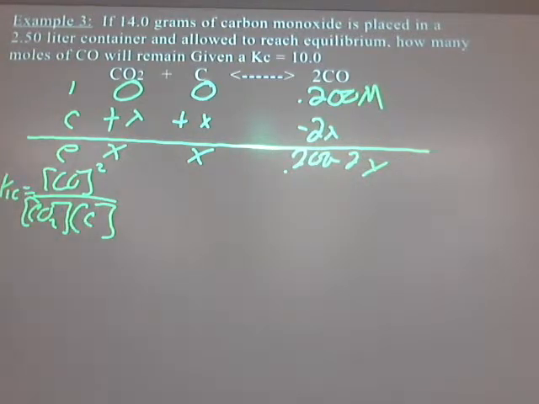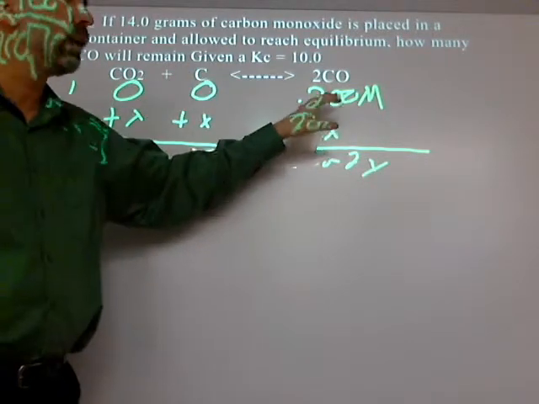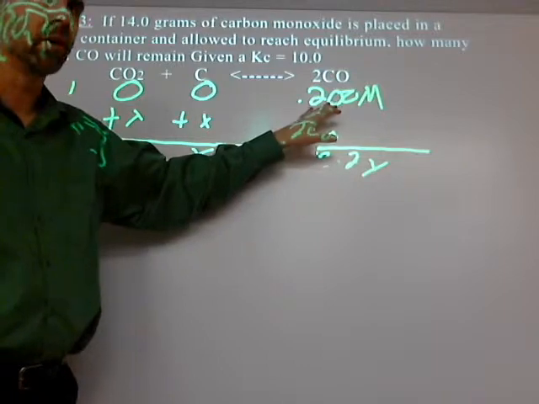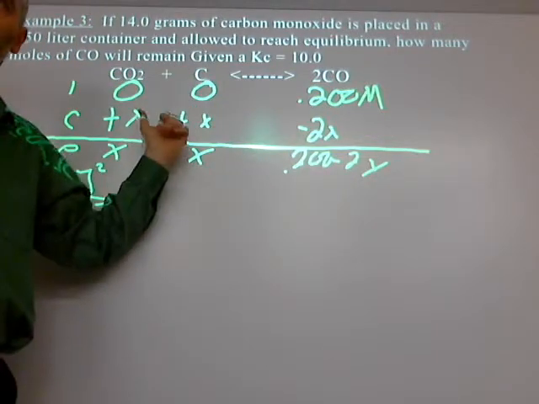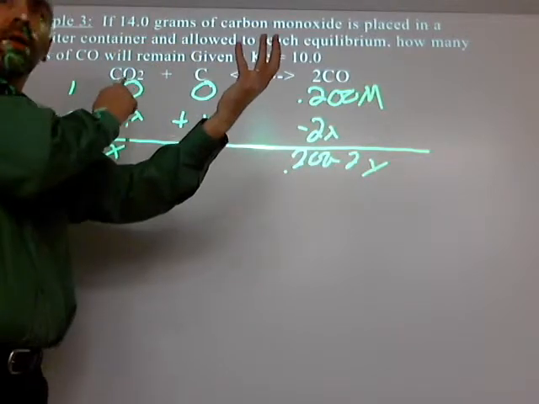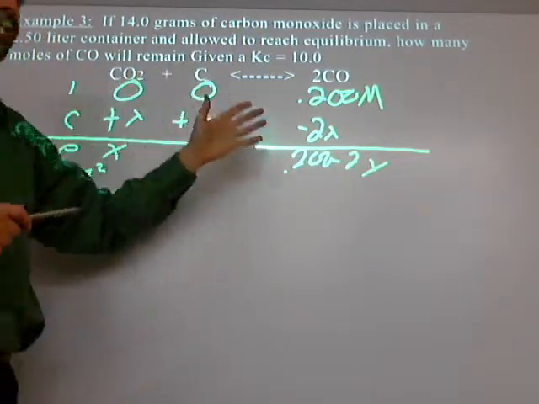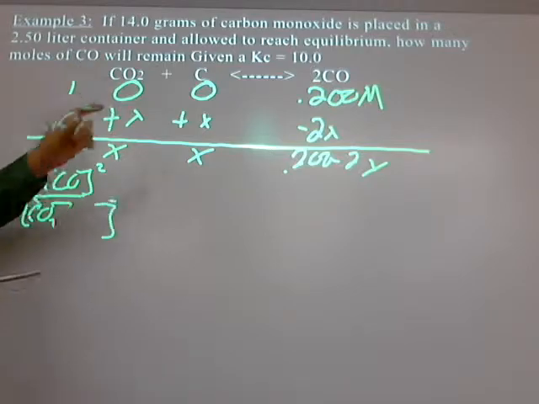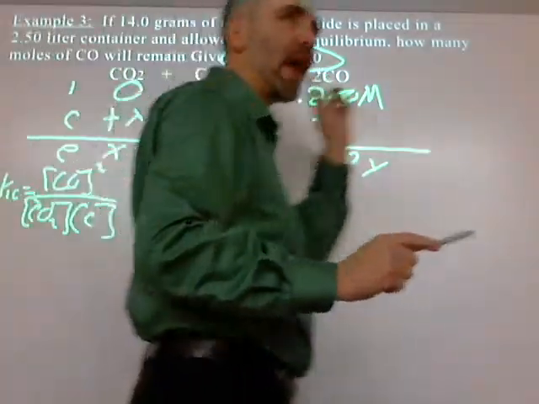Wait, products over reactants. That's still the product? Absolutely. That's the same question I got from Shania, and I didn't yell at her. I actually thought it was a good question. Just because I put in products to this equation and it went reverse does not mean that I'm going to somehow rewrite the equation and flip it around and have that be the reactants, because I gave you the Kc for that equation.